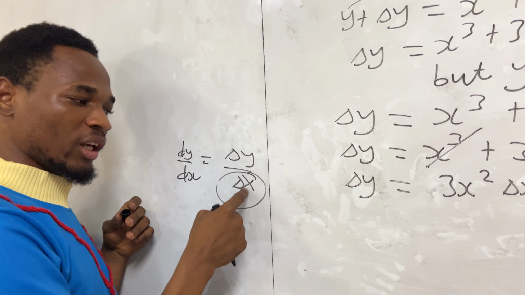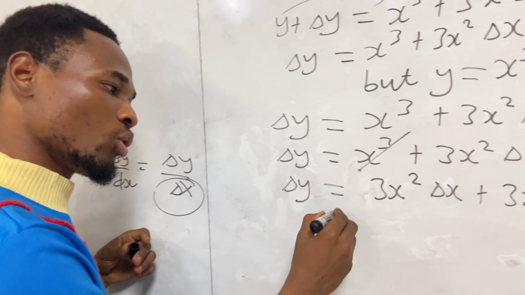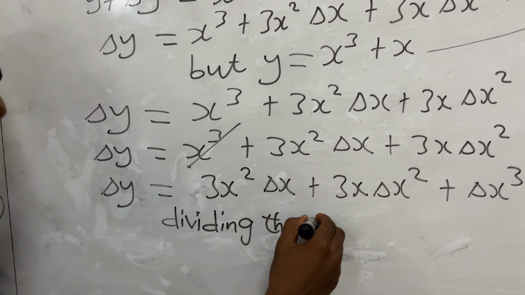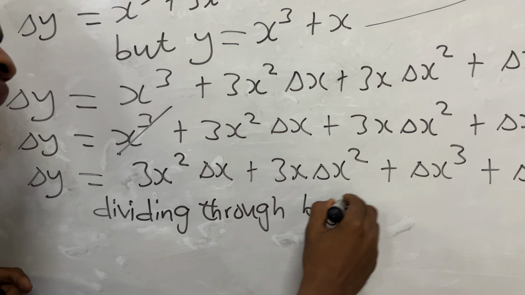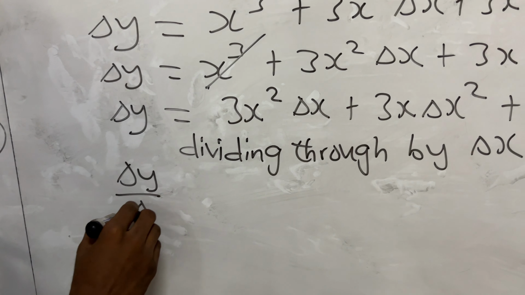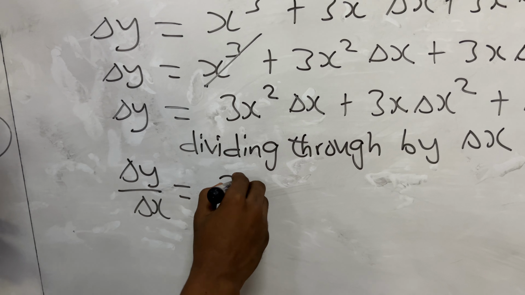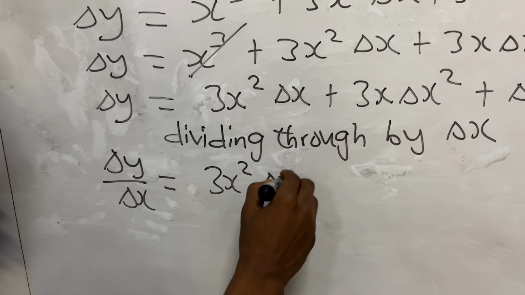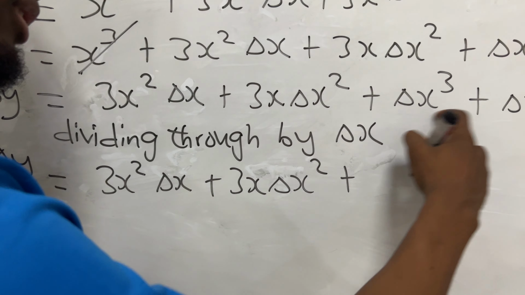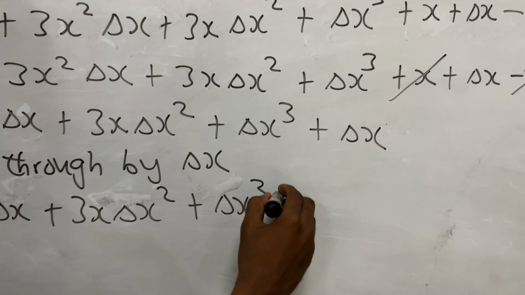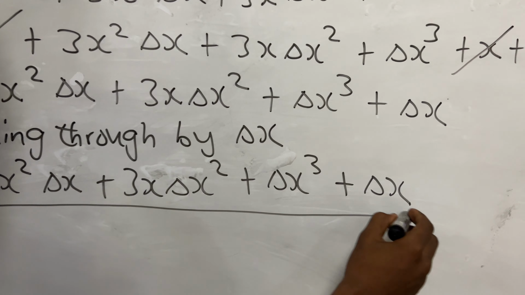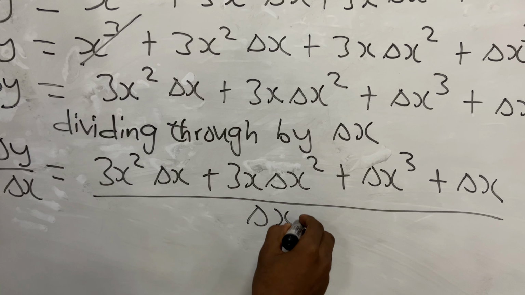So dividing through by change in x, I will have change in y over change in x equals 3x squared change in x plus 3x delta x squared plus my change in x cubed plus my change in x, all over my delta x.